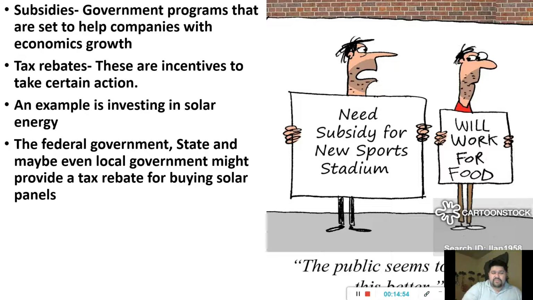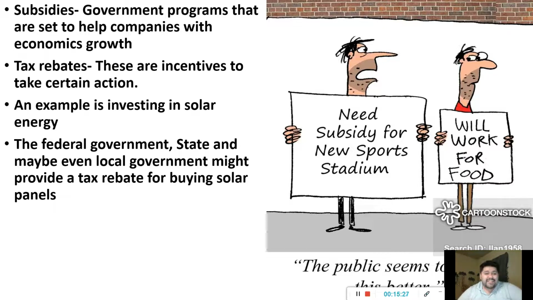The federal government used to do this when Obama was president: if you had solar panels, you got a tax rebate. You basically filled out the paperwork, and then the government gave you a check, and you cashed it in. Some states actually do give tax rebates. Depending on which state you live in, they might offer you tax rebates on solar panels.